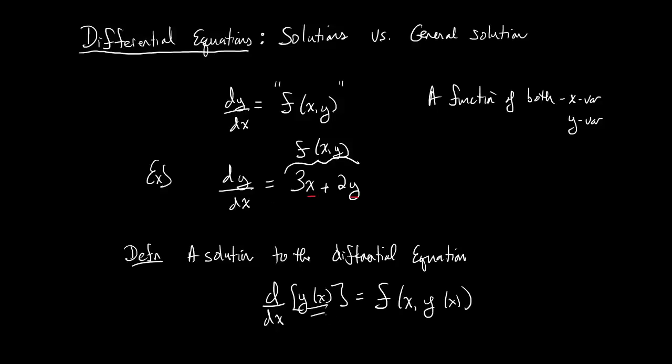Taking the derivative of some solution, we're going to let that solution be y of x. And if we take the derivative, it would have to satisfy this right here.